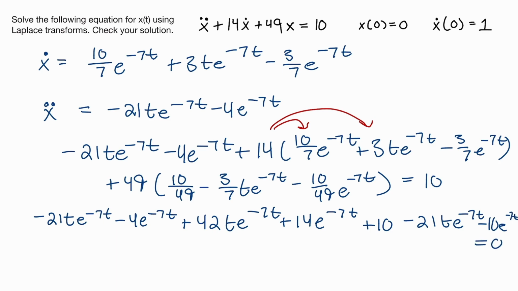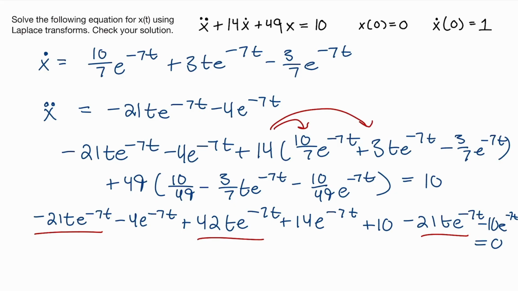Now we can just look at the terms we have. Let's start with the ones that have a t in them, the t e to the negative 7t terms. We have this one, we have the 42, and we have the negative 21. So 42 minus 21 is 0. So those terms we know cancel out.